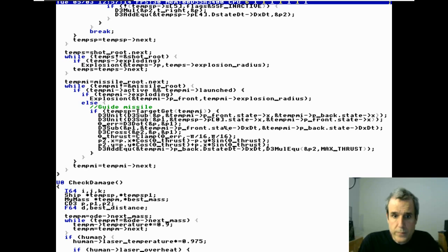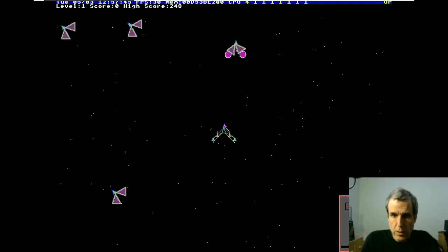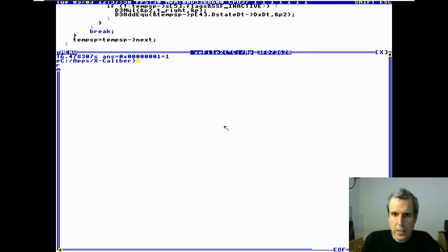So thrust error minus D3 distance norm, D3 norm, P2. I don't know if this is like sim structure, but let's see.